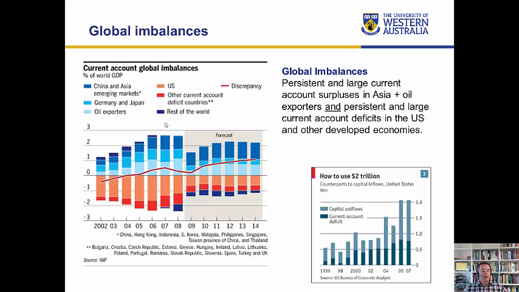So if we have current account deficits in the US and some of these other countries represented by the red, and we have surpluses in these blue countries, that is China, Asia, Germany, Japan, and the oil exporters, it also implies that these countries on top, the countries in blue, are effectively lending money to the current account deficit countries.